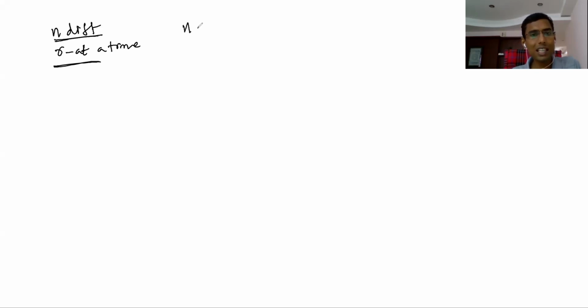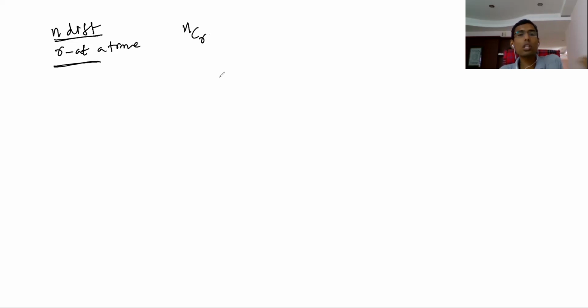Again, number of combinations of n different objects taken r at a time is nothing but what? You are selecting r objects out of n different objects. Let us say this is NCR.